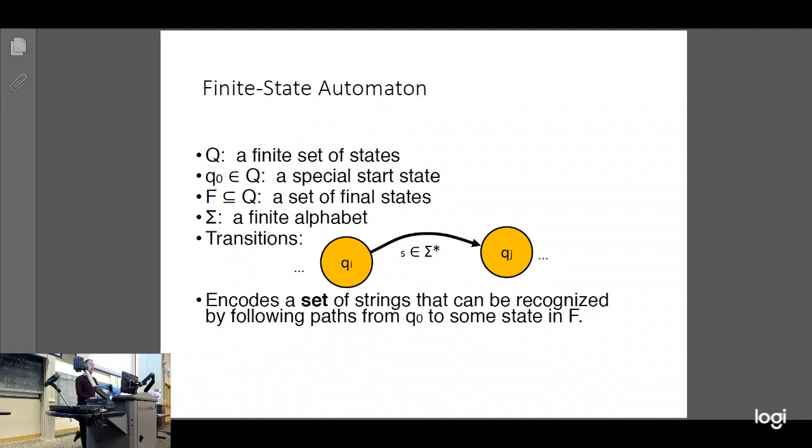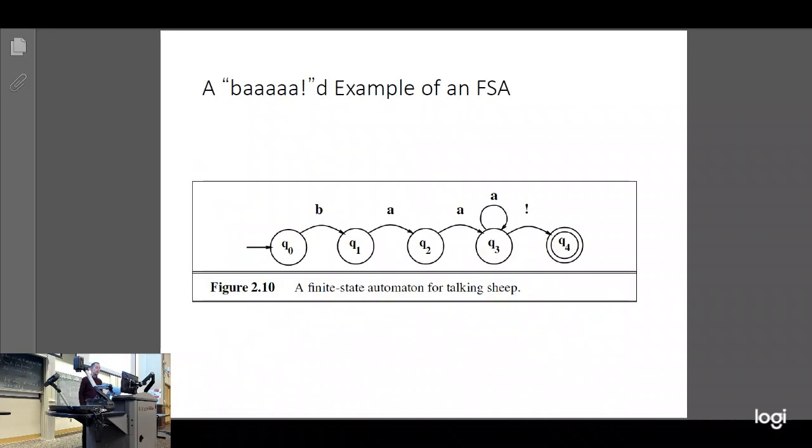So let's see what a finite state automaton looks like. This is a finite state automaton for the famous sheep language. Now, I don't know what sheep say in your language, but in my language, sheep say ba. They do not say ba. They do not say bo.